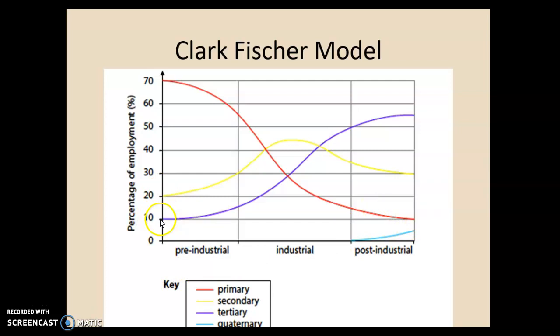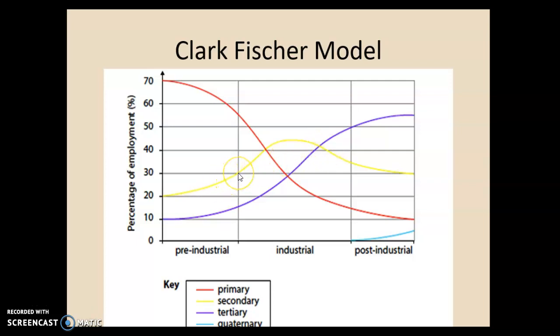What we also see is there are very few people in service industries to start with, and about a fifth of the population is engaged in secondary industry. So secondary industry is manufacturing and the production of goods, and that starts to increase in the industrial phase.